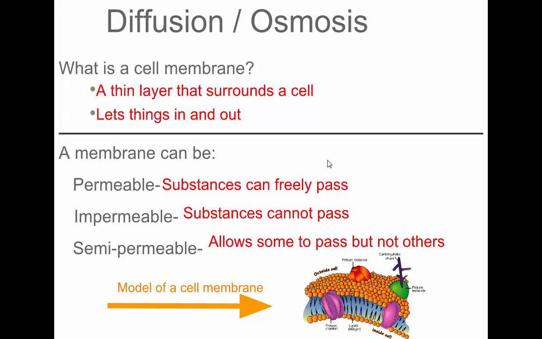What about the substance determines if it can pass through or not? Why was I talking about elephants and cars not being able to come through? What was it about those things? Jenna? They were too big. They're too big. Often, things cannot pass through the cell membrane freely if they're large molecules. Often, smaller molecules can pass through.